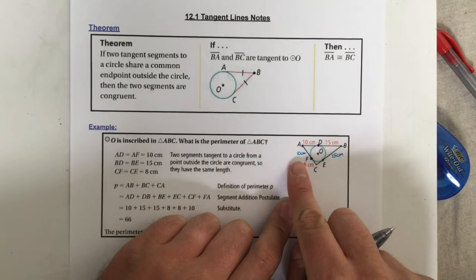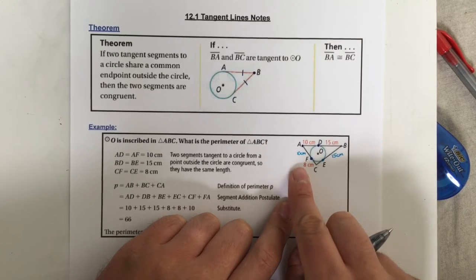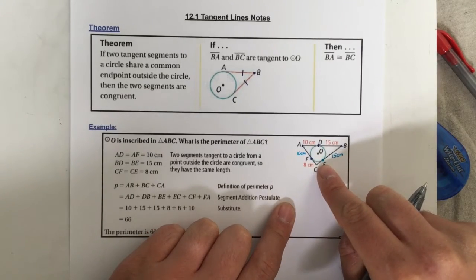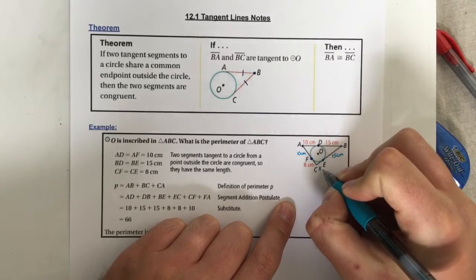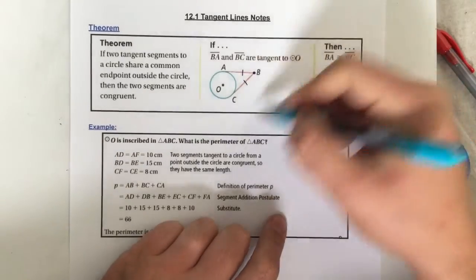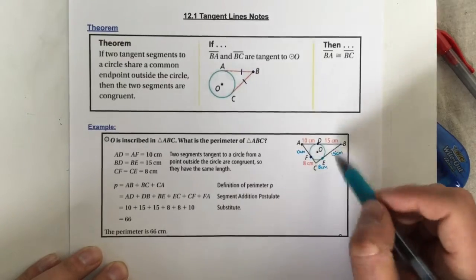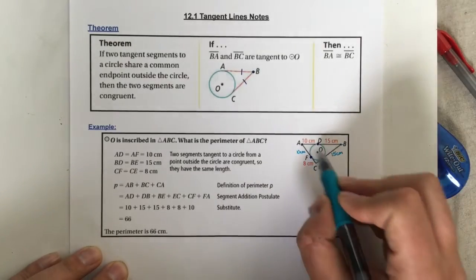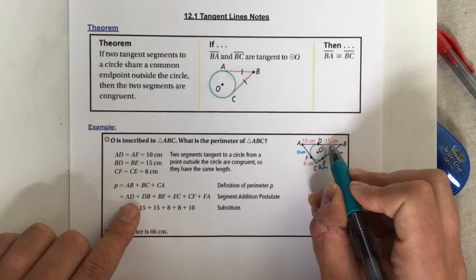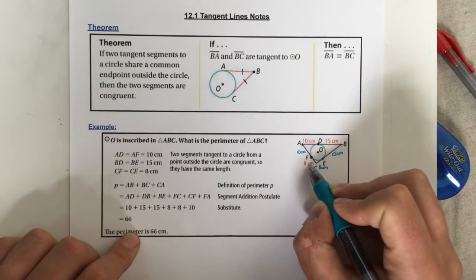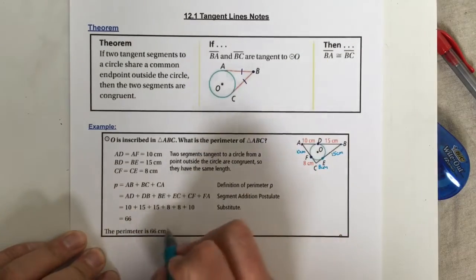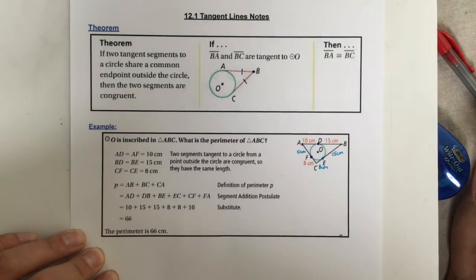And if I know from C to F is 8 centimeters, well, that's equal to CE, which would also be 8 centimeters using this theorem. So if we were looking for the perimeter of this entire figure, I could say 10 plus 15 plus 15 plus 8 plus 8 plus 10, and that would mean my perimeter is 66 centimeters.